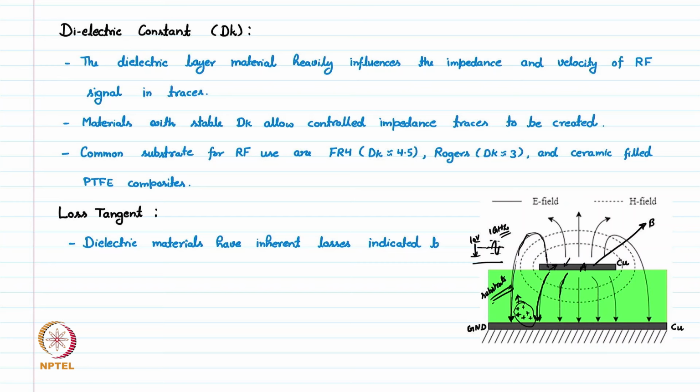Indicated by the loss tangent, dF. For this reason, we need to choose a material with a low loss tangent, low dF, so that the insertion loss of the transmission line is minimum.